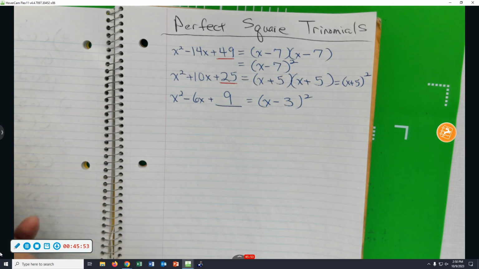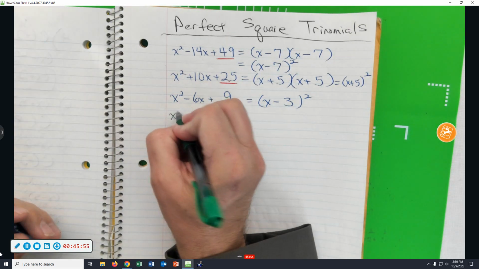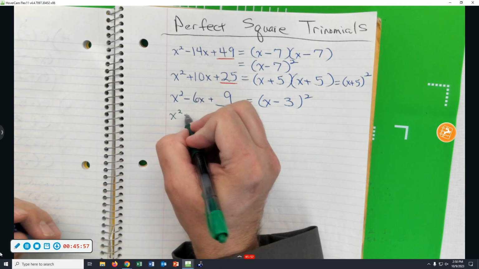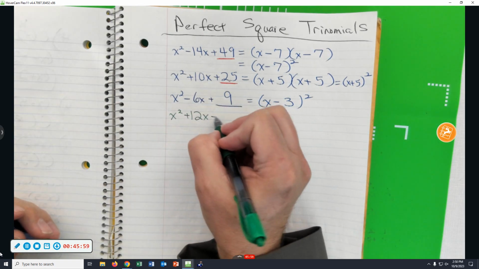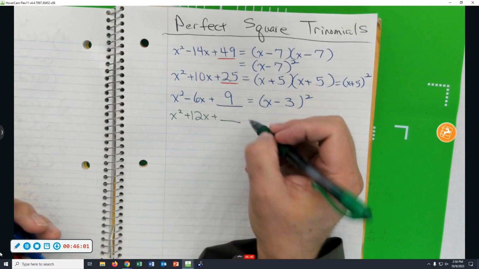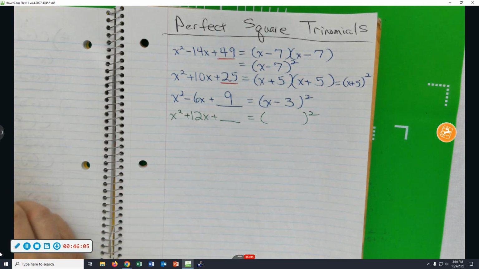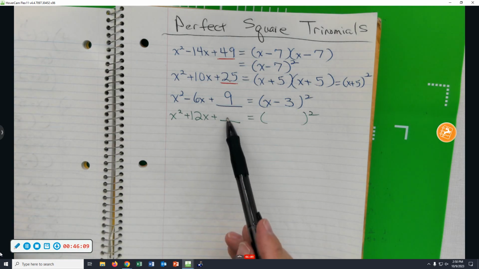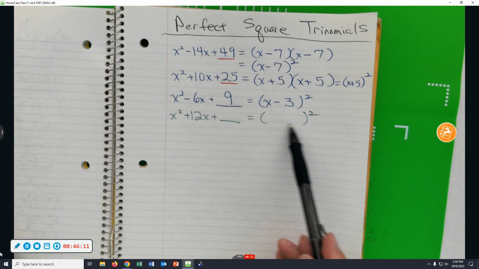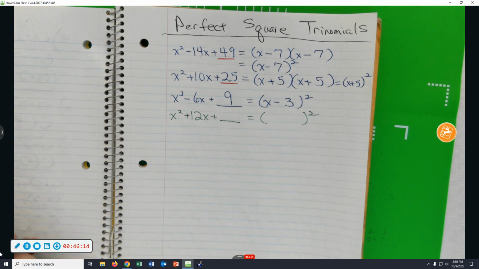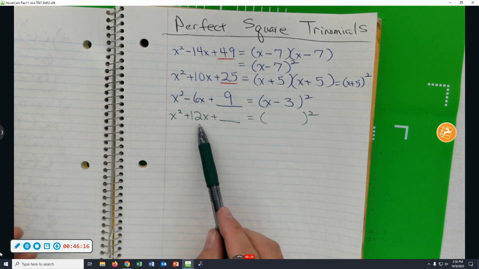What about this one? X squared plus 12x plus what? We're going to create a perfect square trinomial. What number needs to go into that blank so it factors as a binomial squared? Okay, I agree.